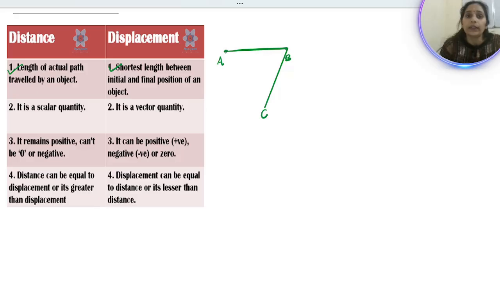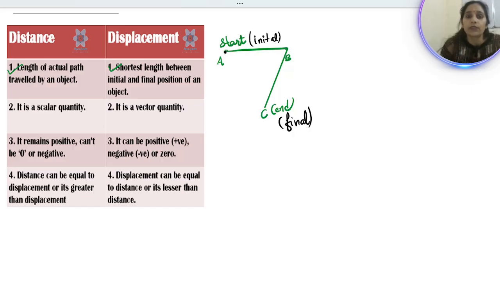But if you look here, this is the point from where the object starts its journey, and this is the point C where it ends its journey. The starting point is known as the initial point, and the ending point is known as the final position or final point.